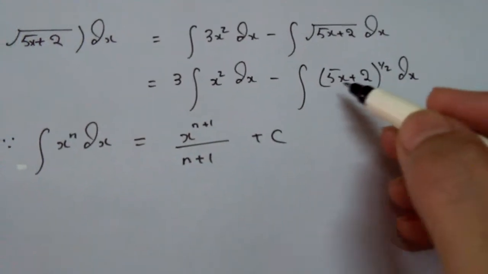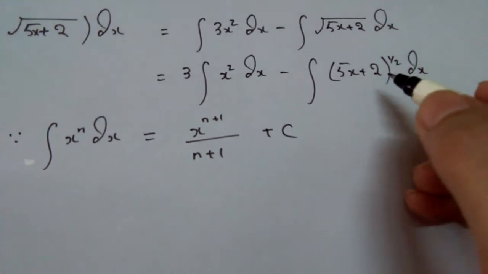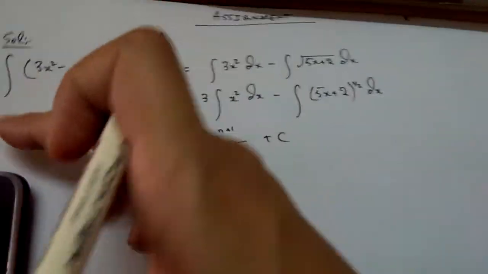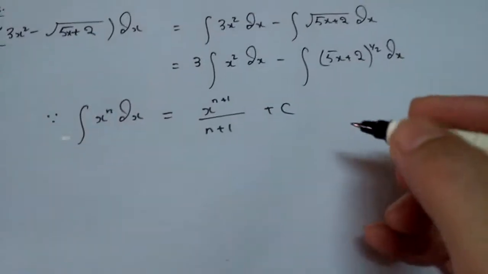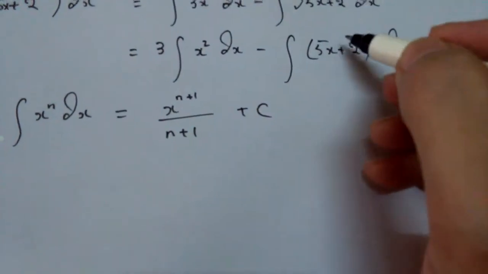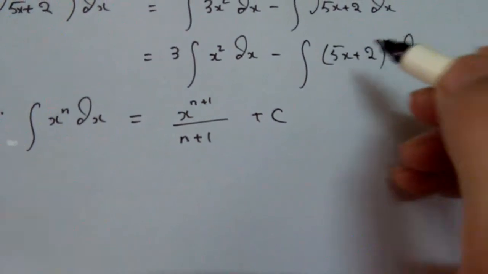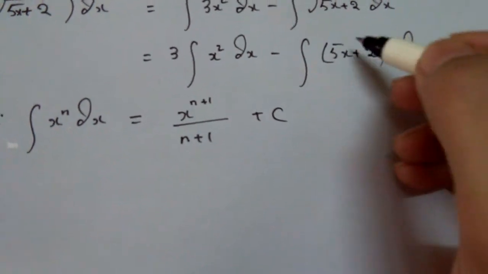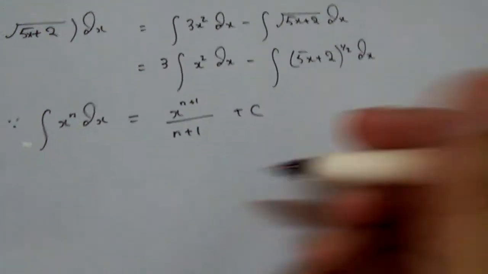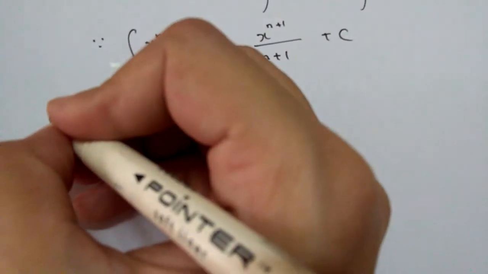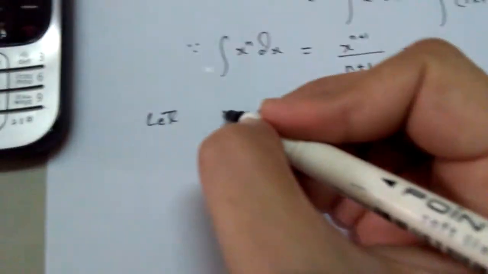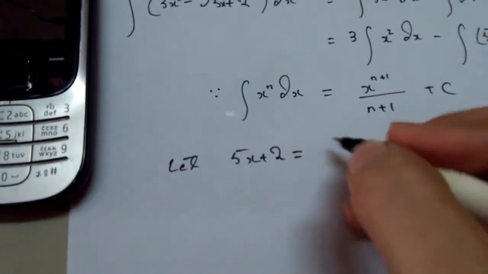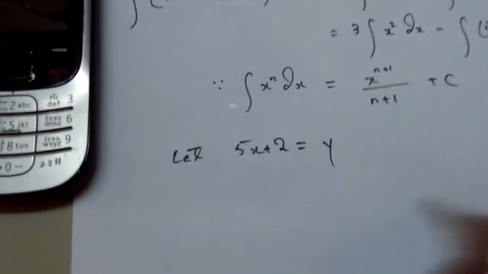But what about this? Basically this can be done directly, but in order to understand it well, how about I suppose that 5x plus 2 is equal to some variable, let it be y.